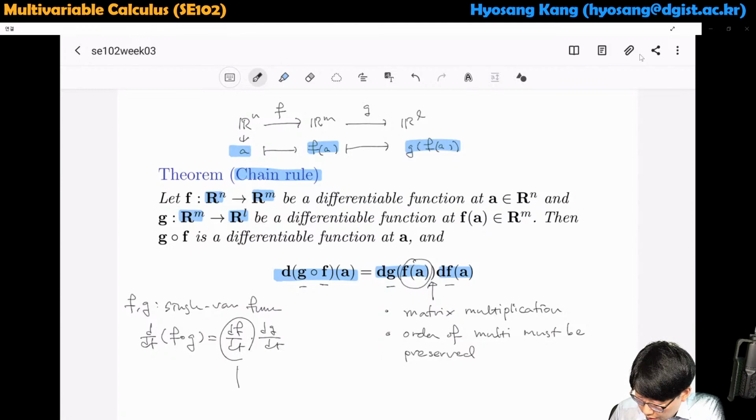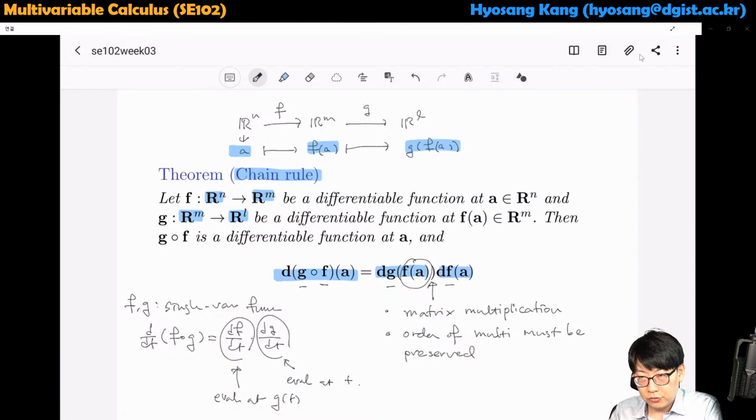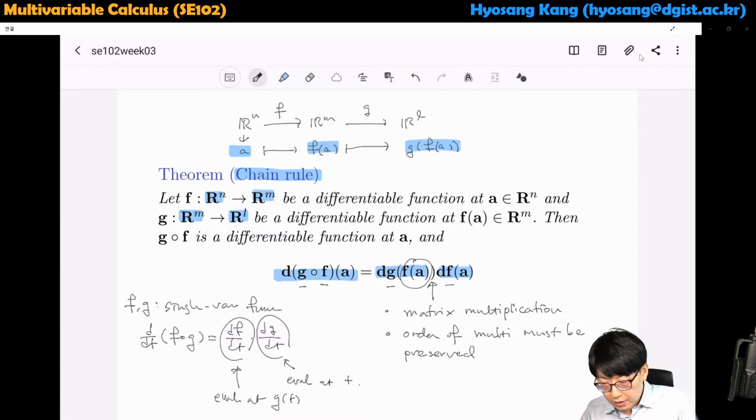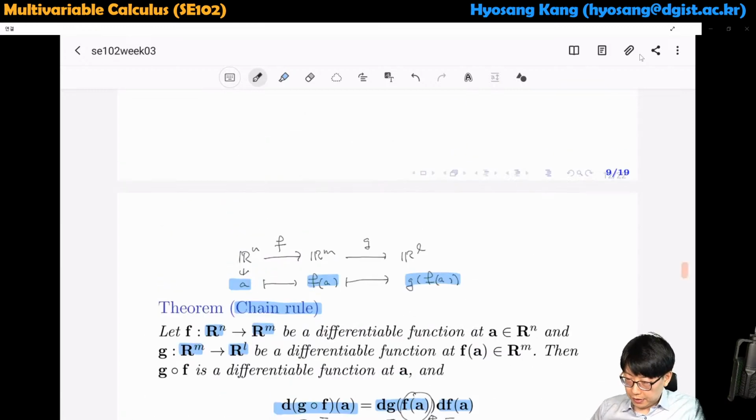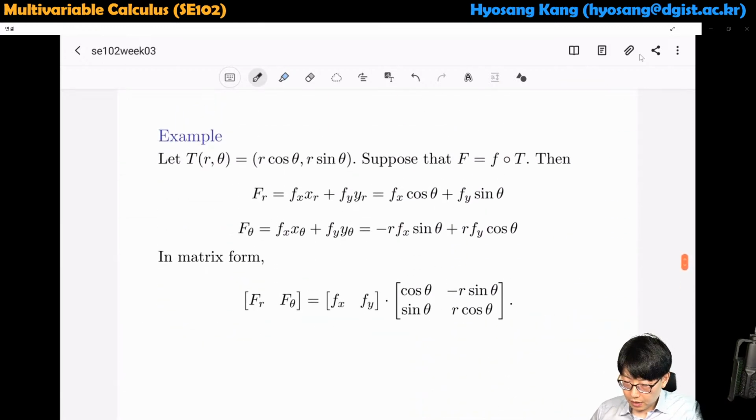But this part is evaluated at g(t), and this one is evaluated at t, right? This is exactly the same generalization to multivariable functions, right? So here is an example. I think that will be the last part of our lecture today.